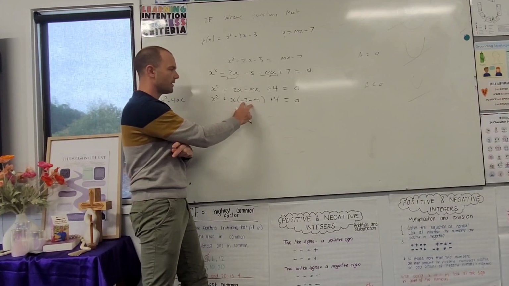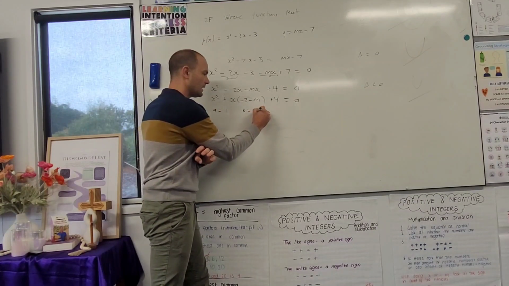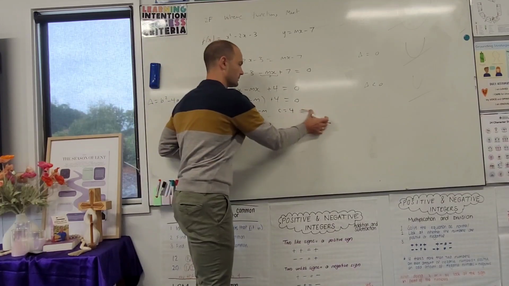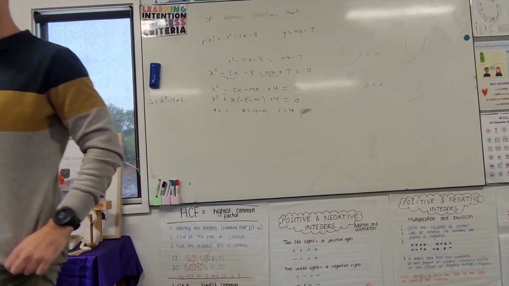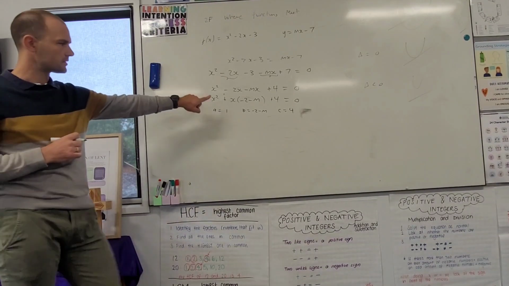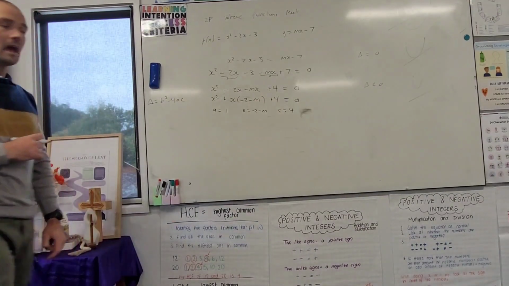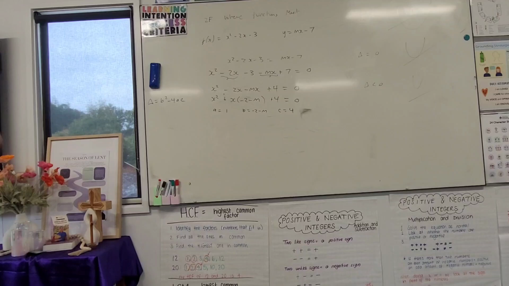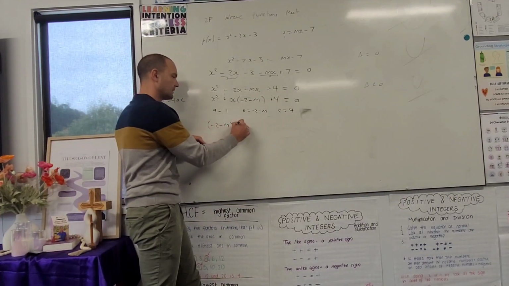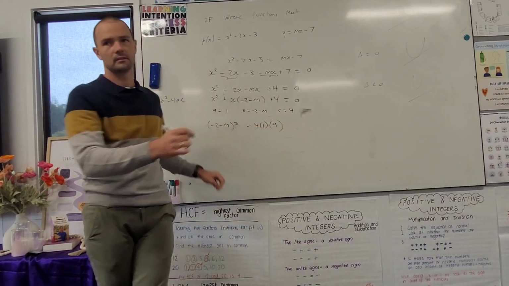So our discriminant then is, we've got to identify the values of a, b, and c. They're the coefficient of the x squared term, the coefficient of the x term, and then the c term. And we're now going to do b squared. So I have minus 2 take m, squared, take away 4 times a times c.